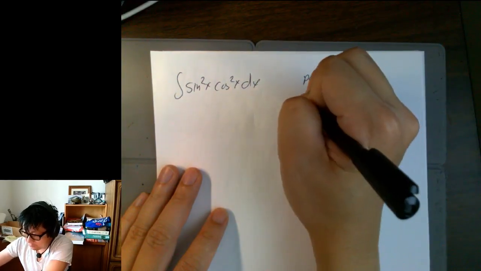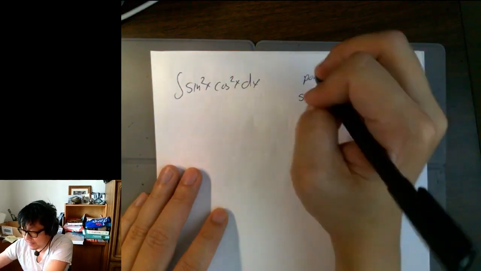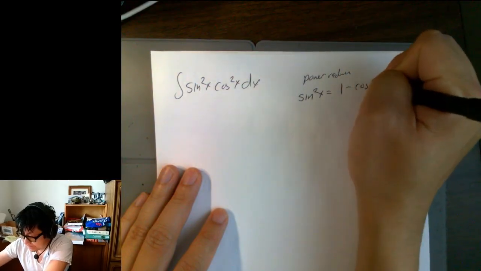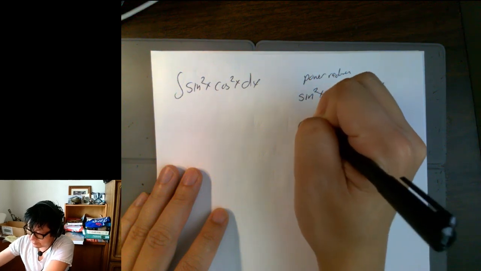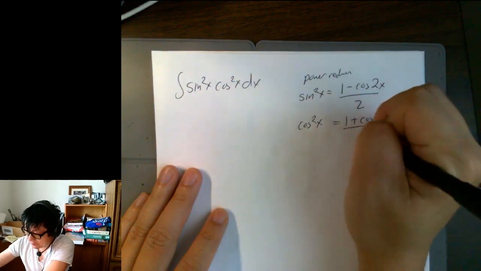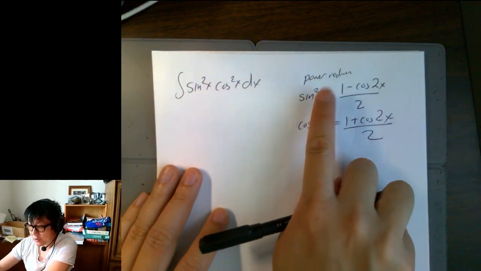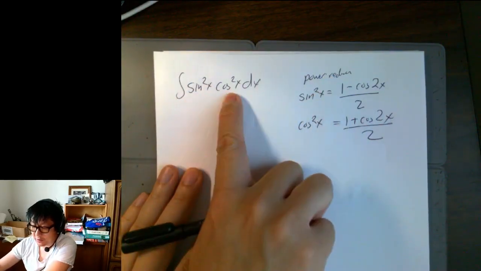So your power reduction formulas come from the formulas for cosine 2x. Just solve for the squared term. And so what we can do is use our power reduction formulas to immediately substitute for sine squared and cosine squared.